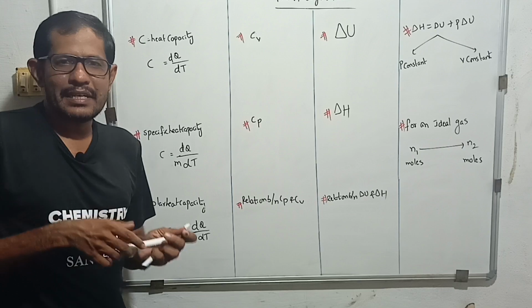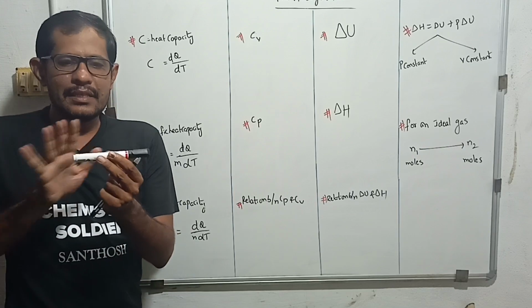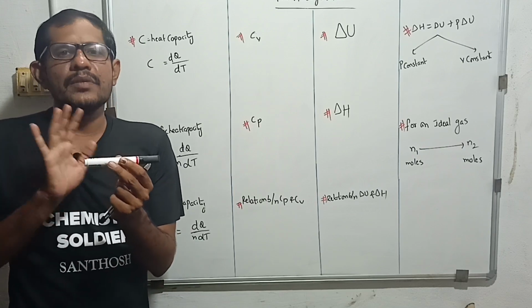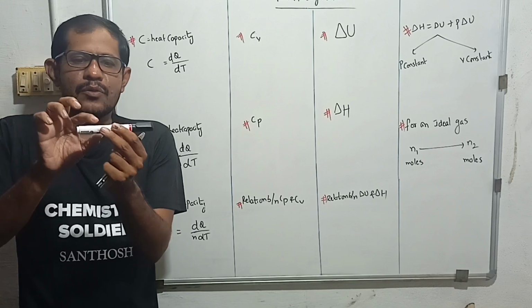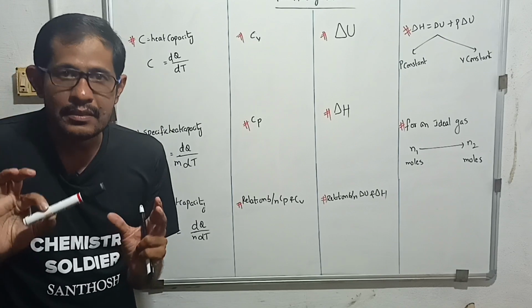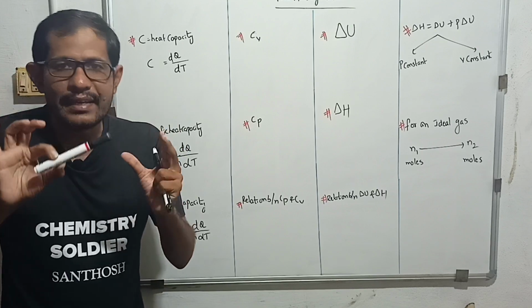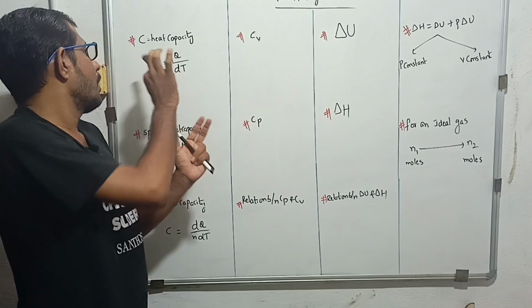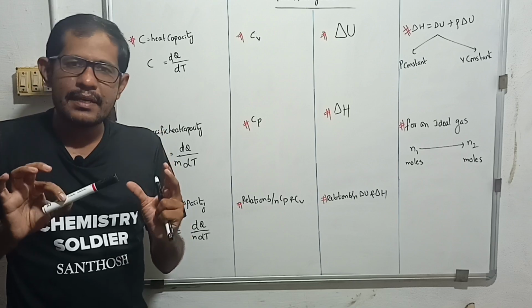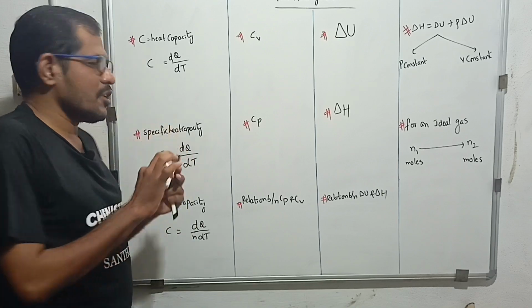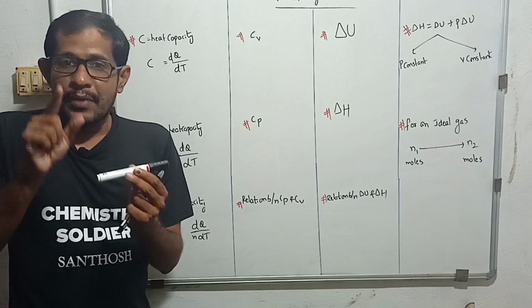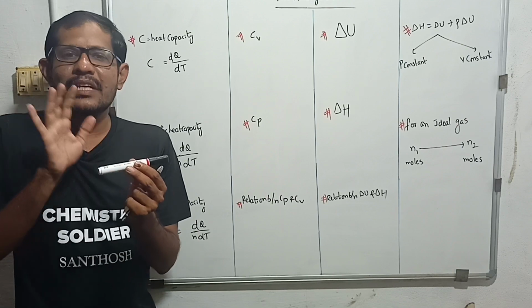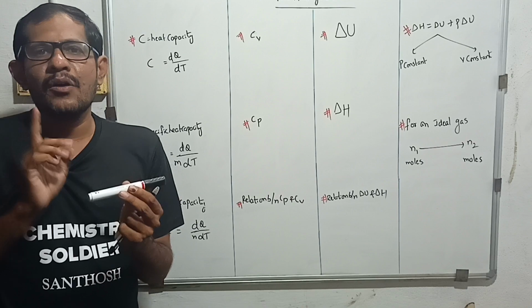Comparatively, in heat capacity I am not mentioning grams or moles. I am just talking about the heat required to raise the temperature of the substance by 1 degree centigrade or 1 Kelvin. Coming to specific heat capacity, observe carefully, I am mentioning 1 gram.